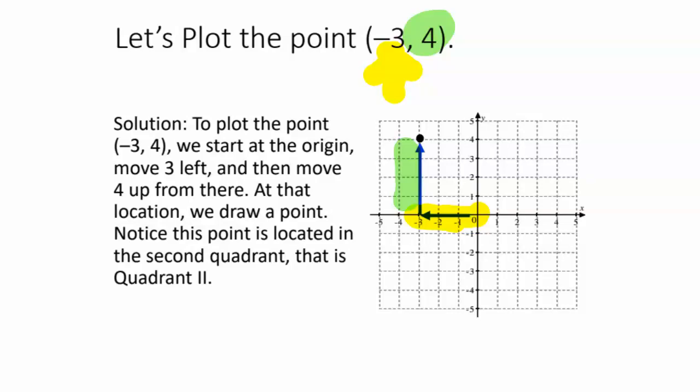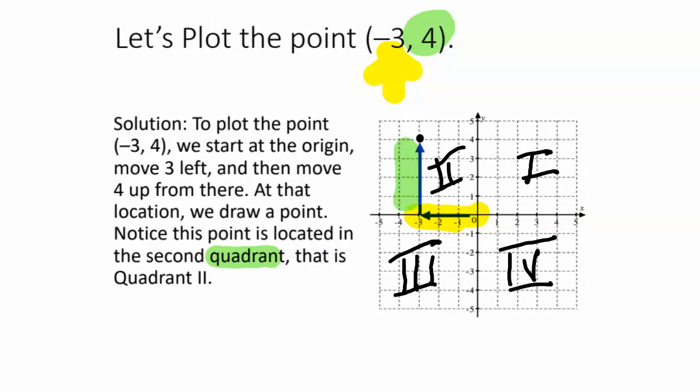Now remember, you are also going to be asked to select what quadrant this point is in. Well, remember, our quadrants are labeled quadrant 1, quadrant 2, quadrant 3, and quadrant 4. And where we have this point is in quadrant 2. And notice we use the Roman numeral 2, not the numeric number 2.